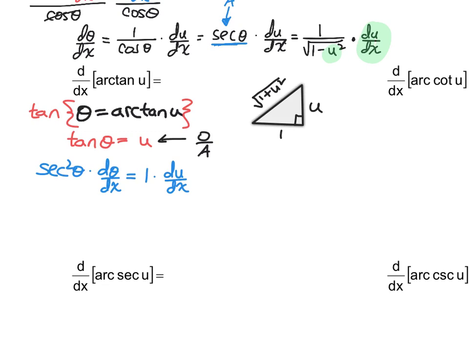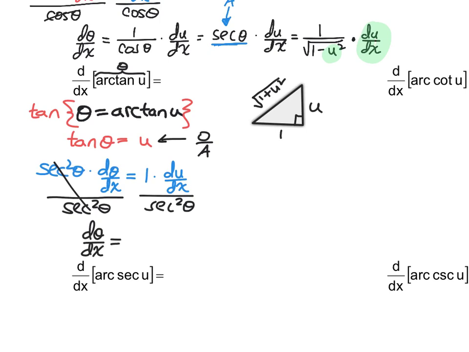All right. Again, our goal here is to solve for d theta dx. Because again, that arctan of u is the same as the theta. Right? Inverse trig functions always give you a result of theta. Always give you an angle. All right, so I'm going to divide out the secant squared of theta. Streamline it a little bit.